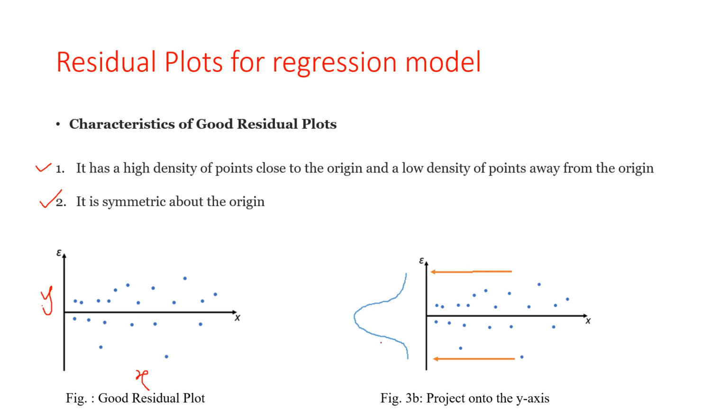And in the second diagram, we end up with a normal distribution curve, satisfying the assumption of normality of the residual errors. So we get the projection on the y-axis. This is called normally distributed.